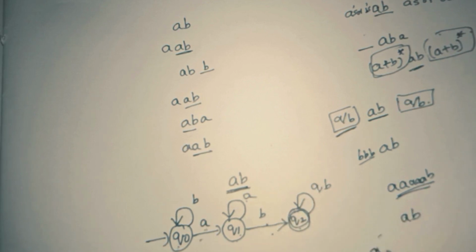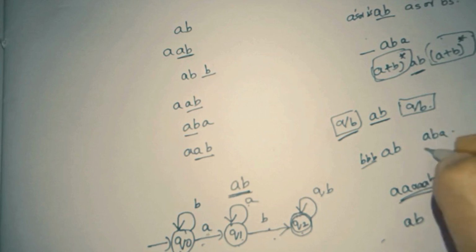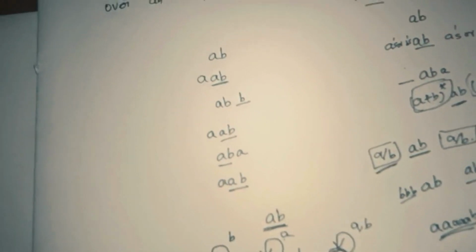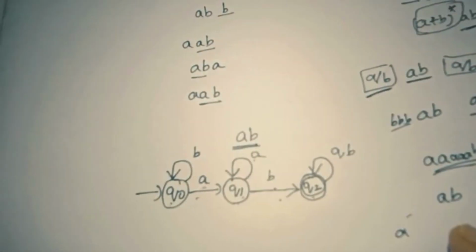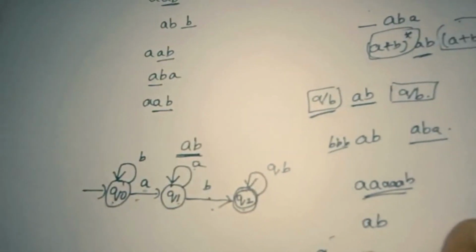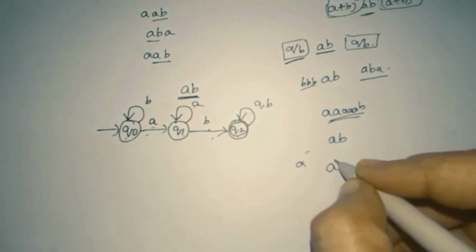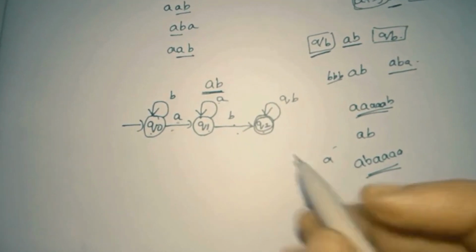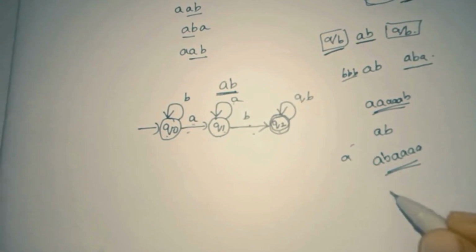Suppose you take ABA, ABA is accepted. And again, if you take one more transition like AAB, that is AB followed by any number of A's, which is accepted.